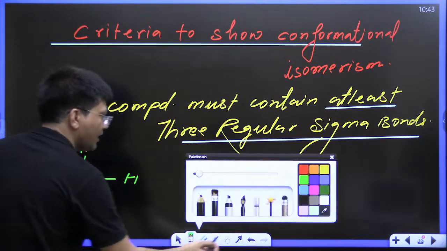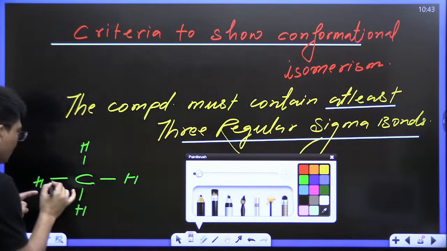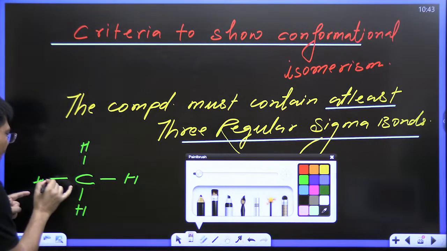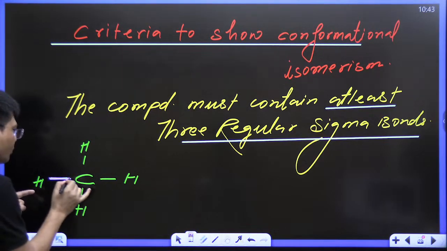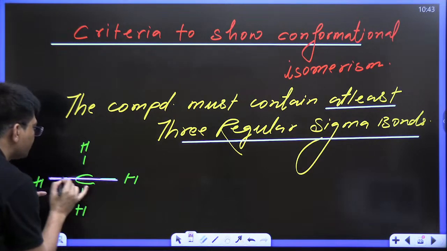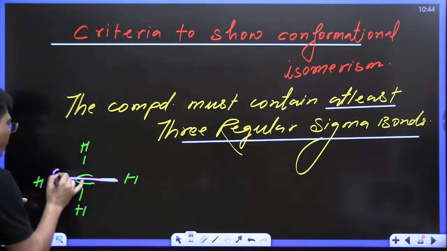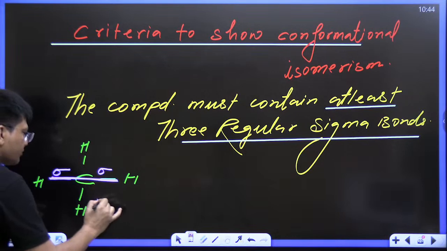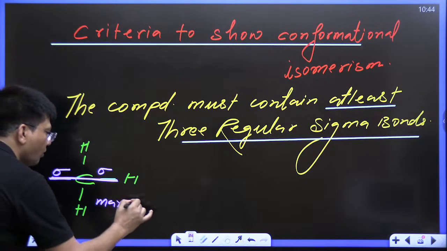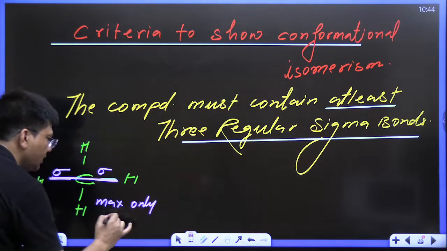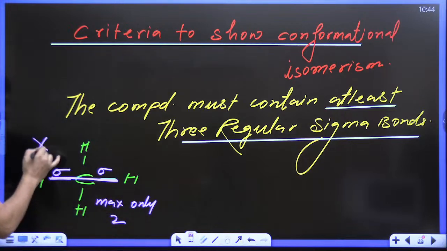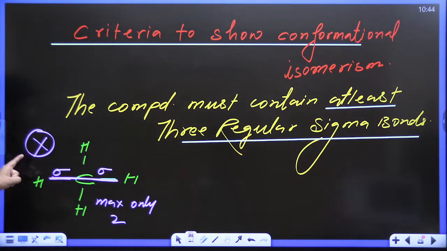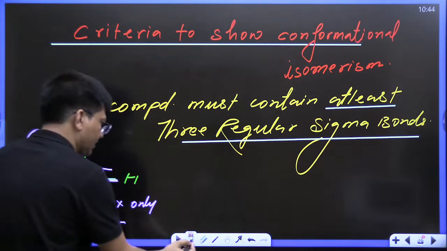Now see, the same game we have to play over here. You count the number of sigma bonds, you can't repeat, and you can't lift your pen. Maximum sigma bonds, how many can you count? 1, 2. Maximum only 2. So this compound is not going to show conformational isomerism. Now see H2O.